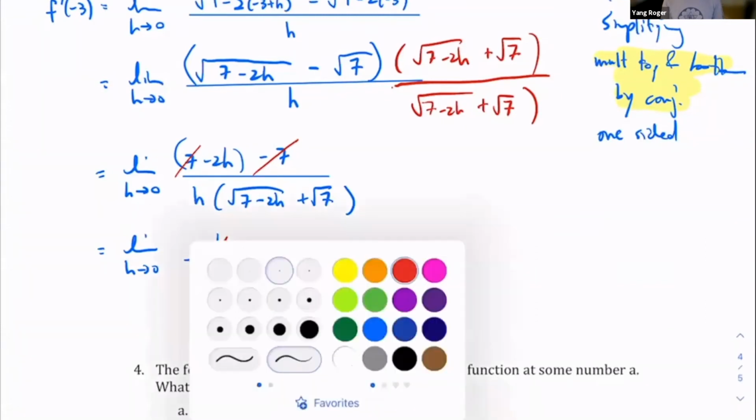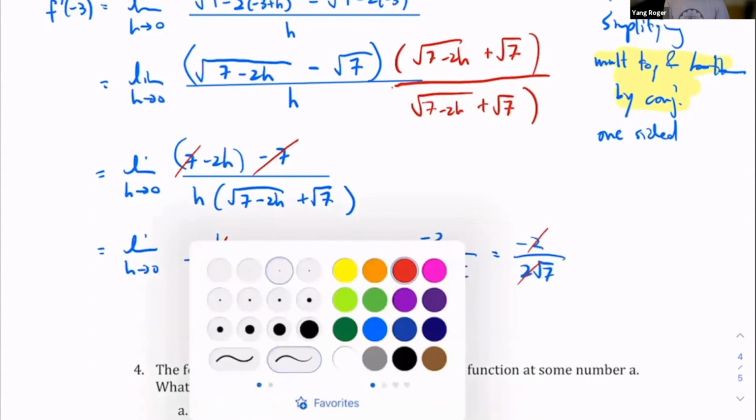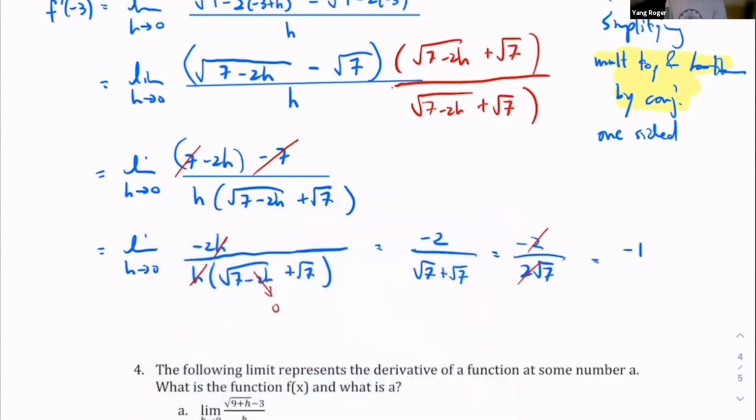So then what do we get here? We end up with a negative 2 on top. On the bottom, we end up with rad 7 plus rad 7. That's negative 2 over 2 rad 7. The 2's can cancel each other out, so we get negative 1 over rad 7. And that's our answer.